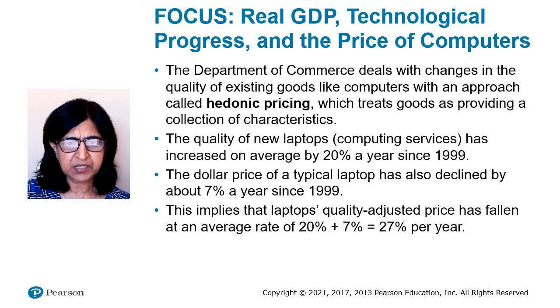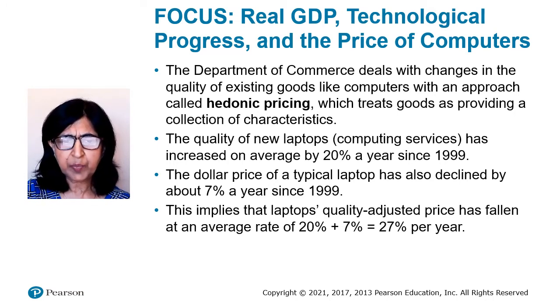The Focus section in the chapter discusses real GDP, technological progress, and the price of computers. The Department of Commerce deals with changes in the quality of existing goods like computers with an approach called hedonic pricing, which treats goods as providing a collection of characteristics. The quality of new laptops, computing services, has increased on average by 20% a year since 1999.